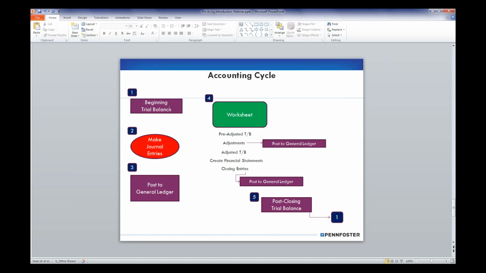So you start out with the beginning balances in your ledger accounts. Then you have transactions and you make the journal entries. From the journal entries, you post them into the ledger accounts. Now, step number 4 here, I show as a worksheet.